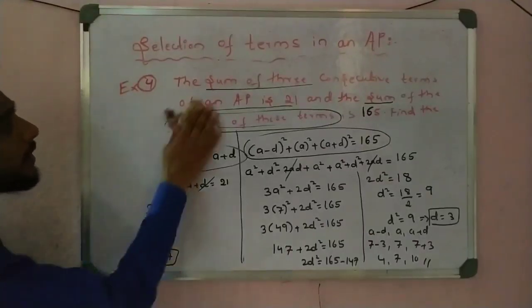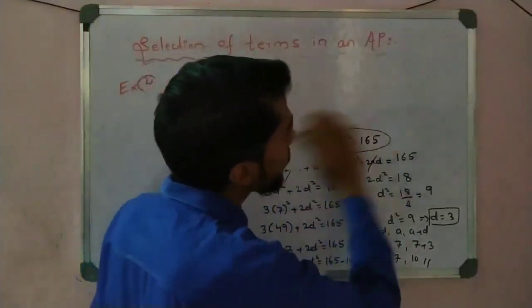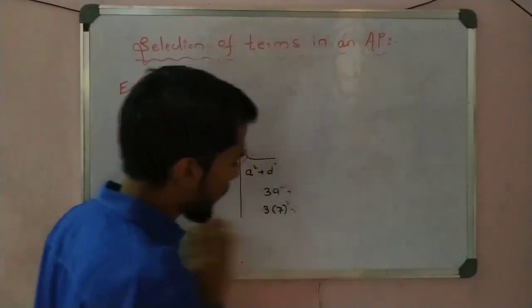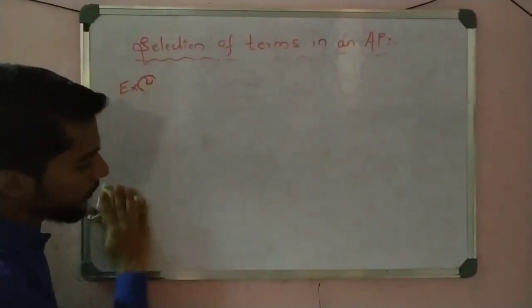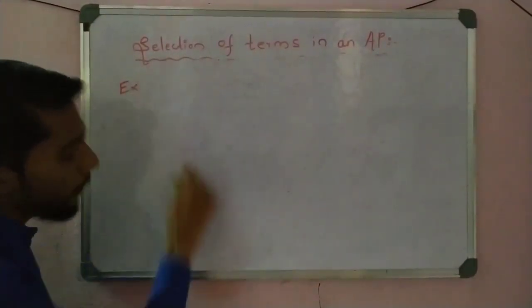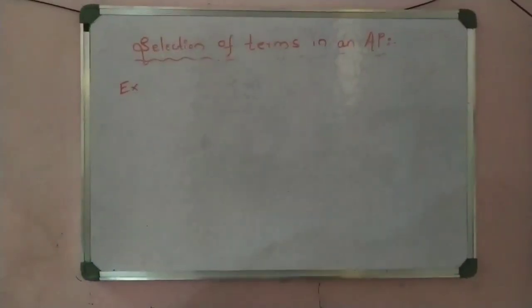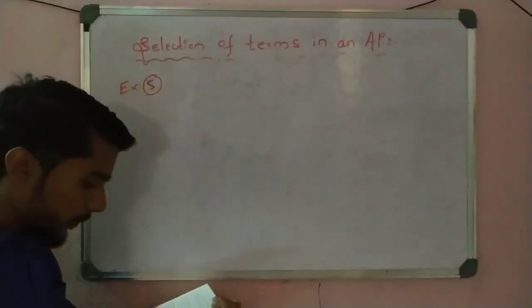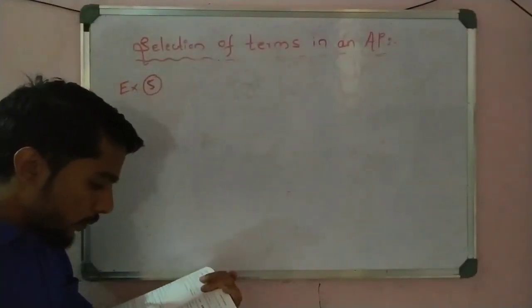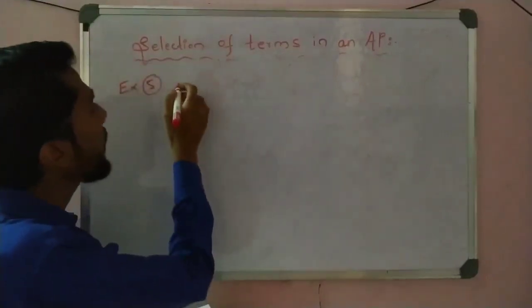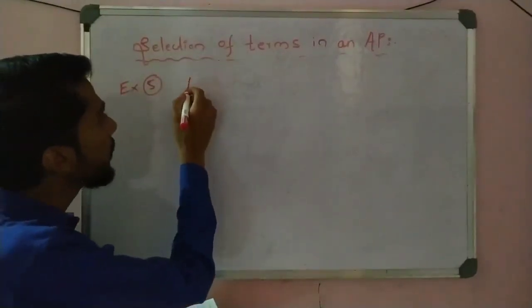Okay, now see example number 5. Example 5. The angle of a quadrilateral. So it is one of the new questions.